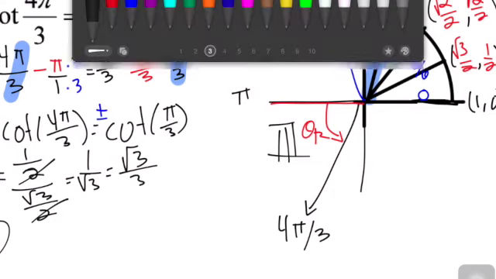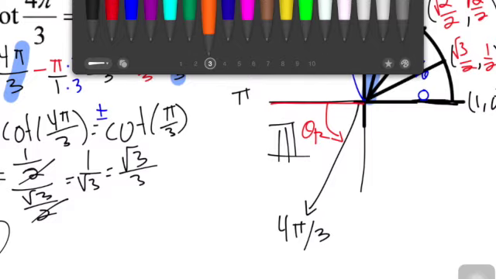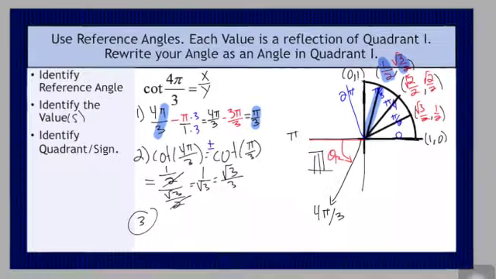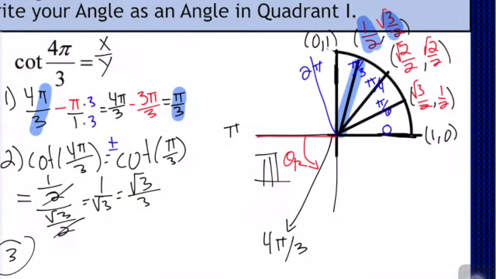Well, another strategy that we use here is we know that in the first quadrant, all trig values are positive. In the second quadrant, we know sine is going to be positive. In the third quadrant, we know tangent is going to be positive, and in the fourth quadrant, we know cosine is the only one that's going to be positive.